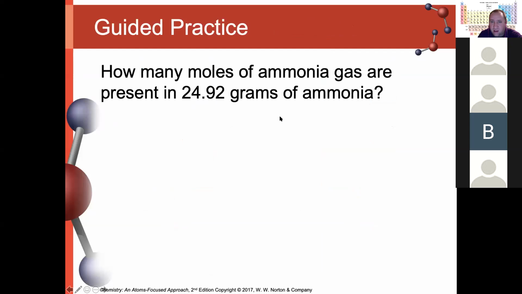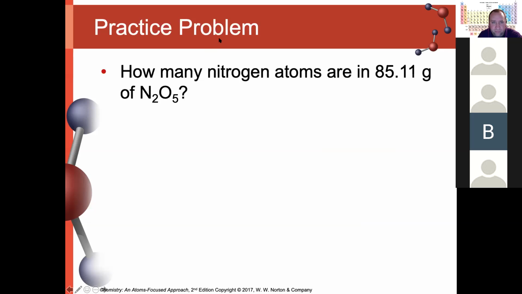So taking that, if I start with my 85.11 grams of dinitrogen pentoxide, my first step would be to convert the grams of this substance into moles.